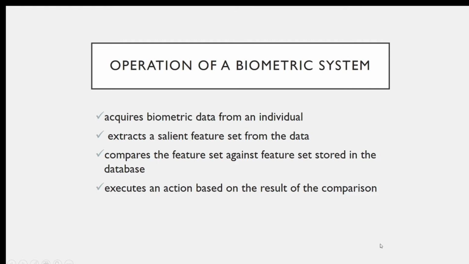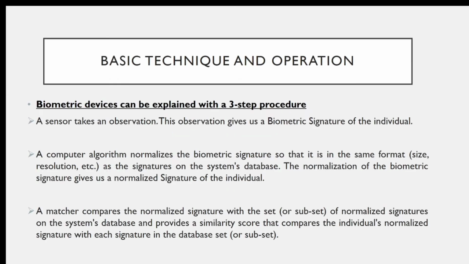Thus, we can say that the operation of a biometric system can be explained in a three-step procedure. The first step is that a sensor takes an observation. This observation gives us a biometric signature of the individual.